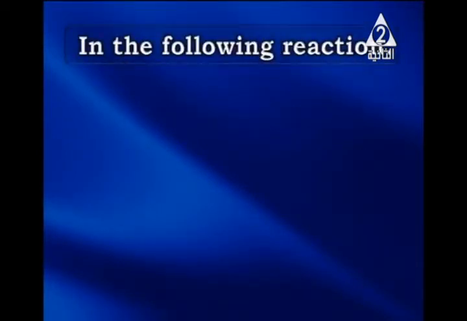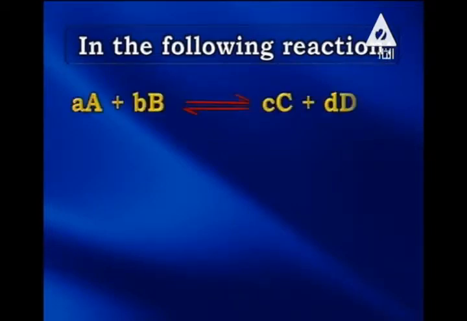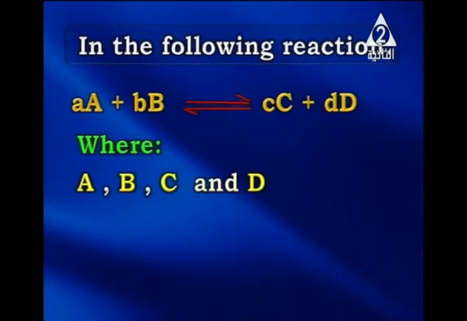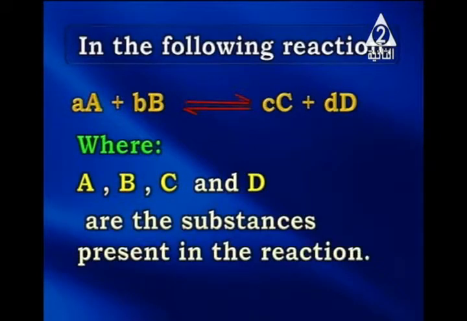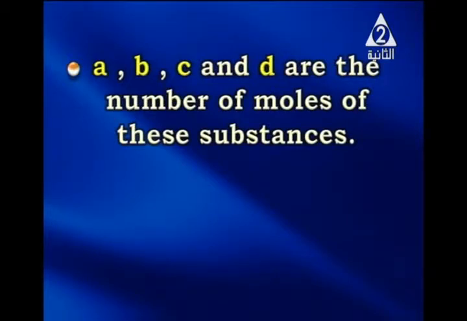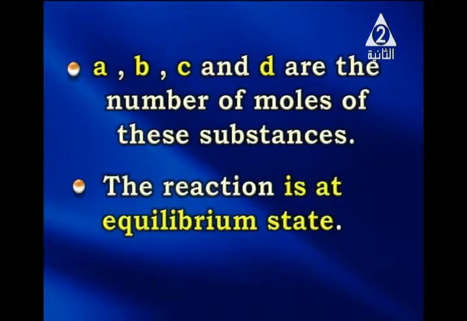In the following reaction, my dear students, to show the law of mass action between the substances A, B, C, D in capital letters and their coefficients in the balanced equation, a, b, c, d in small letters, where A, B, C, D capital letters are the substances present in the reaction, and a, b, c, d small letters are the number of moles of these substances in the balanced chemical equation, and the reaction is at equilibrium state.